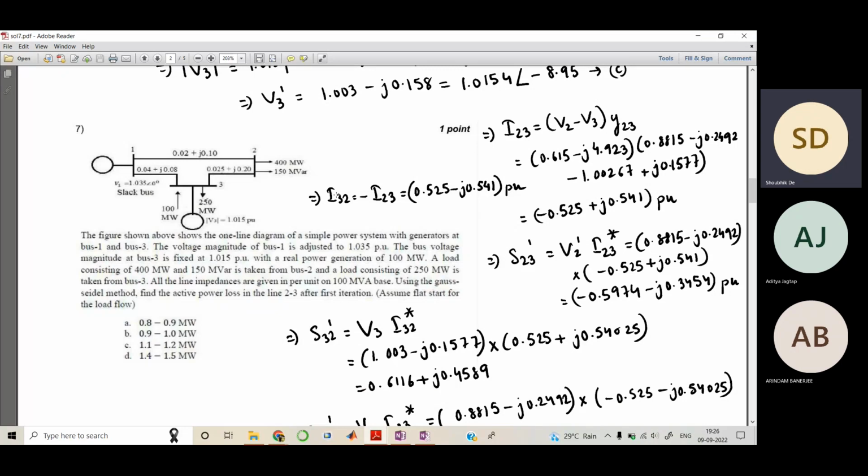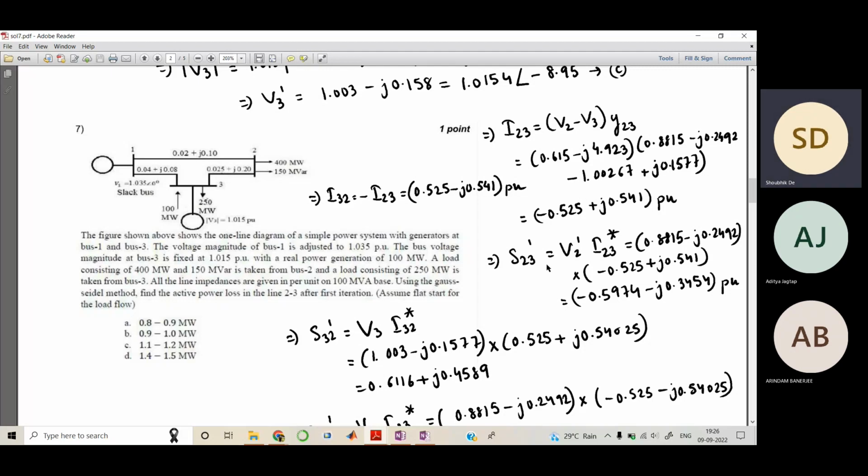Now, to find out the power loss, forget active power for the time being, just concentrate on the power loss. You have to find out the apparent power at this bus and this bus, right?